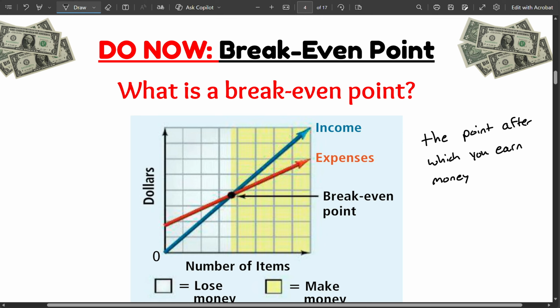Okay, so the point after which you earn money you can keep. In other words, it's the point at which the amount of money you've spent equals the amount of money made.